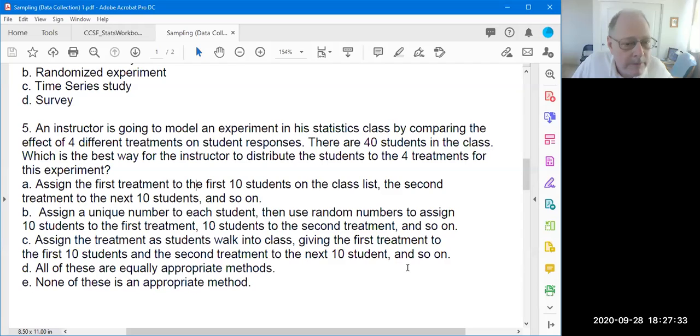Or, let me skip down to C. Oh, yeah, I was just talking about C, as people come in the room. Okay, walk in the room. In A, it was, you go down the class roster. Okay. So what's wrong with that? Well, everybody whose name starts with a Z is going to get worksheet D, the 4th treatment.